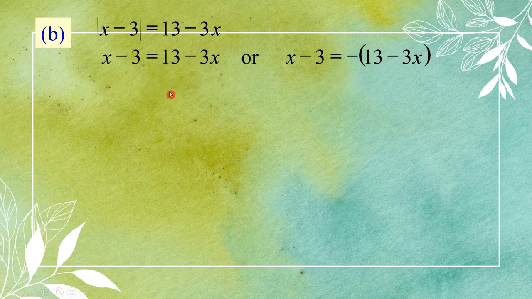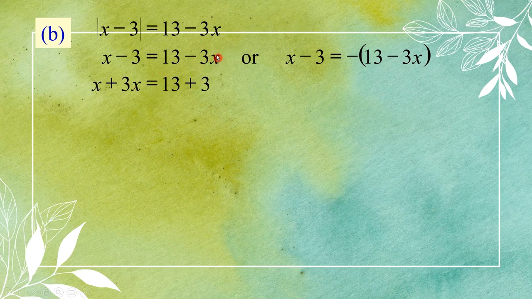So, let's look at what's the difference in the calculation. So, by using definition again, x minus 3 equals the positive function here, and x minus 3 equals a negative function, 13 minus 3x.